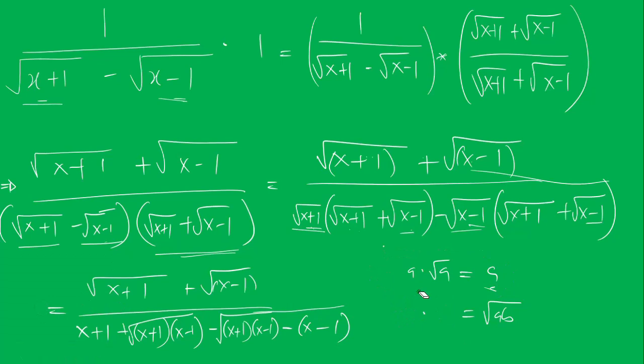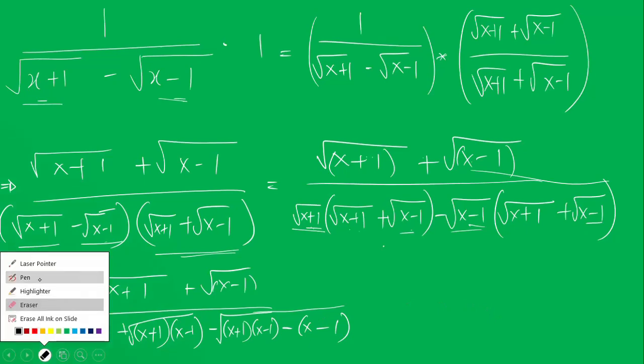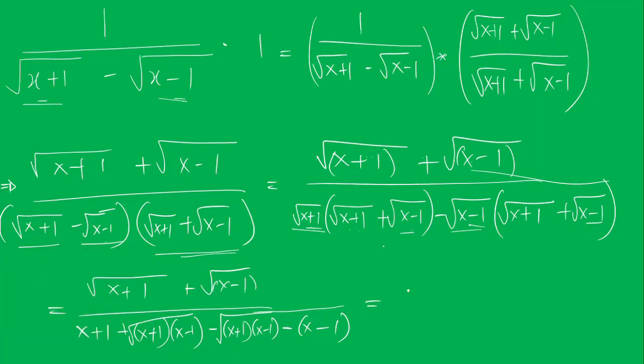So let's clean here to make space. So the numerator will still remain the same, x plus 1 plus the square root of x minus 1 divided by. Now when you look carefully, you notice that this is the same thing as this, so they will cancel out.